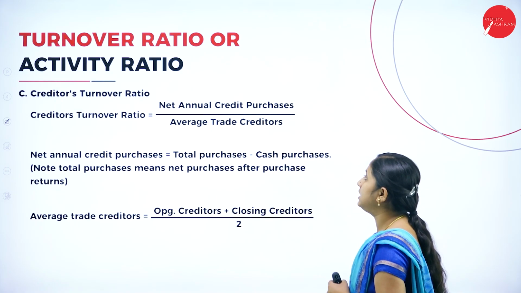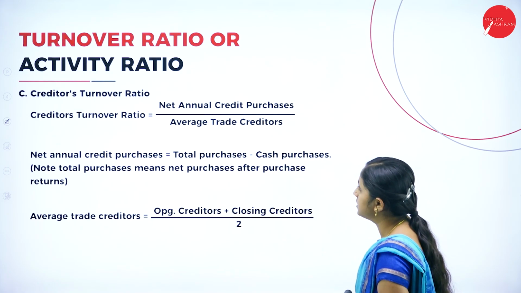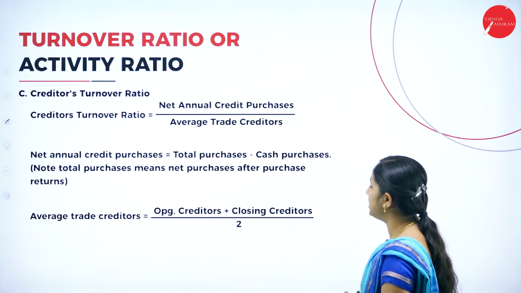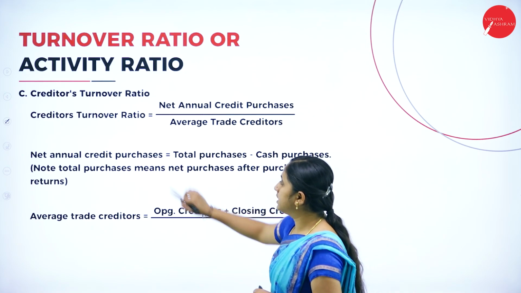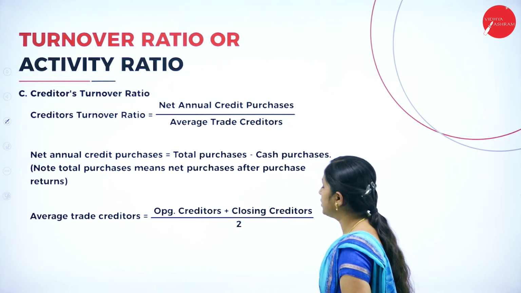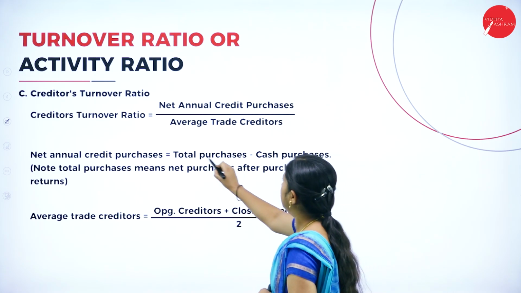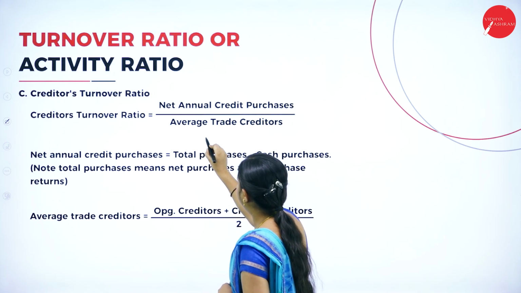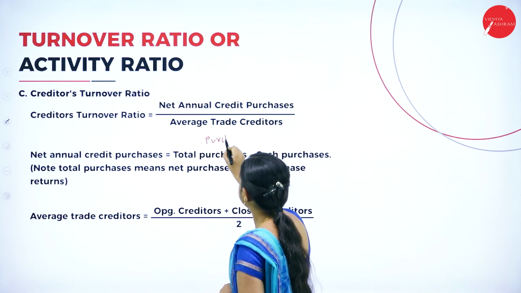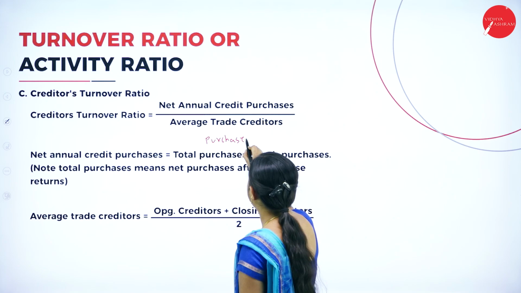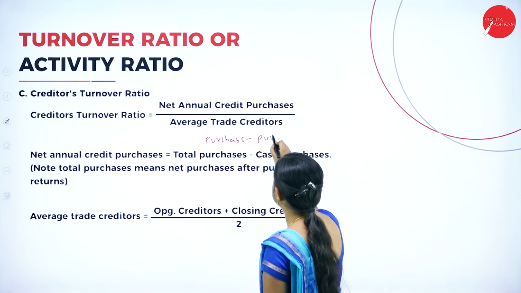For this, net annual credit purchase divided by average trade creditors. Net annual credit purchase is equal to total purchase minus cash purchase.